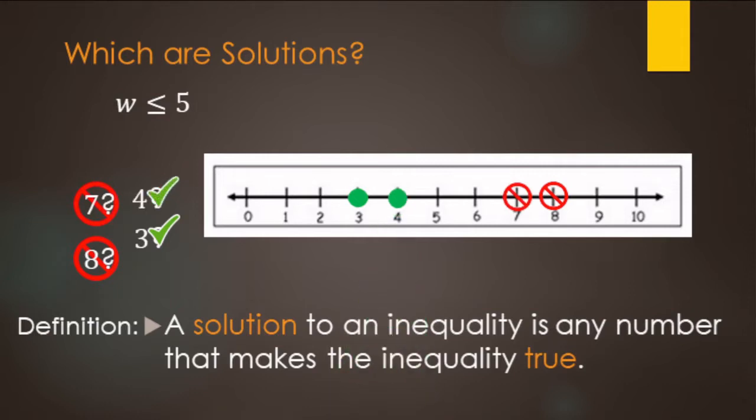Yep, 4 is less than or equal to 5. What about 6? Nope, 6 is not less than or equal to 5. What about 5? Well, indeed, 5 is less than or equal to. It's the or equal to 5 there. In fact, any of the numbers on this side to the left of 5 are going to be a solution to W is less than or equal to 5.